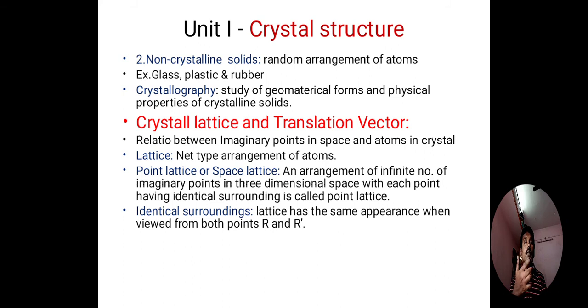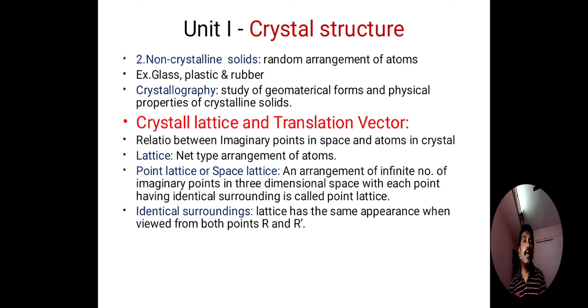That means in the space lattice or the point lattice, in the two dimensional case, the points are arranged regularly and periodically in imaginary space, and they all have identical surroundings.